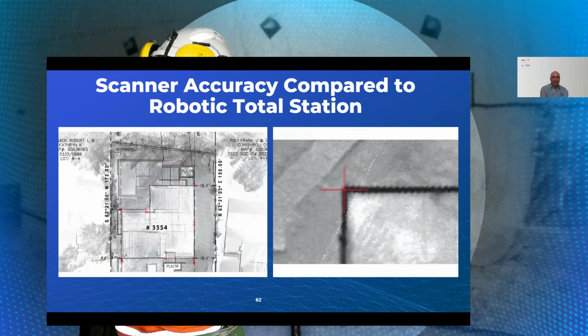So we need to make sure that our wall checks and everything else is really in place. So in this case, I'm zooming in really close to one corner of this building. That's what you see on the right side. We took 2 shots close to each other. And you see, this is pretty much at the middle of this line. It is very close. It cannot be any more precise than that.